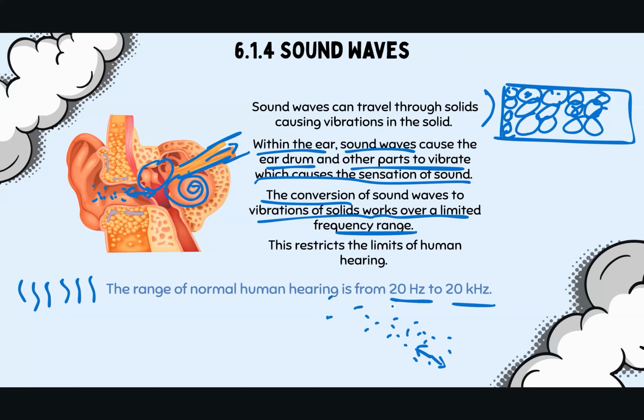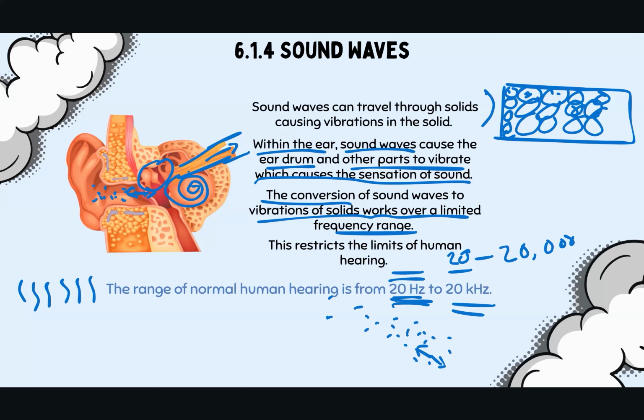But our ears can only handle 20 to 20,000 hertz. That means 20 vibrations or oscillations per second to 20,000. So if our eardrum is hit by something less than 20 times, we don't detect it. So for example, air particles. Air particles are constantly hitting our ear.